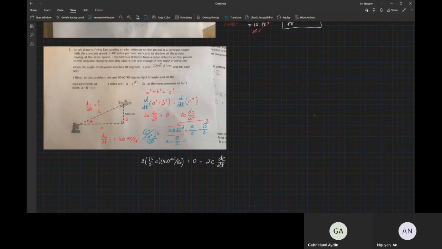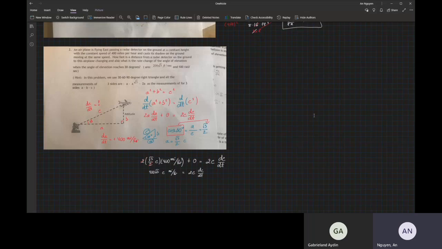So we multiply it out, the 2 and the 2 cancel, so we have 400 root 3 times C miles per hour equal to 2C dc over dt.